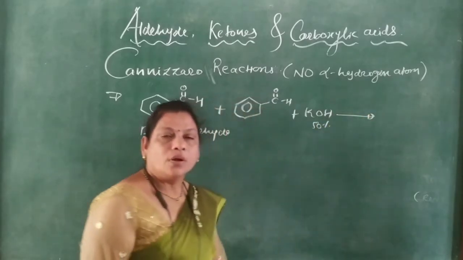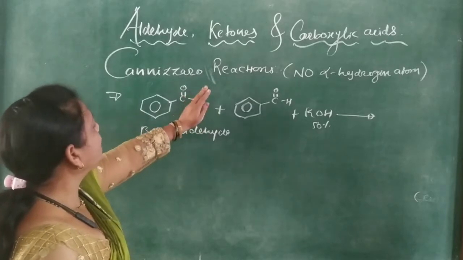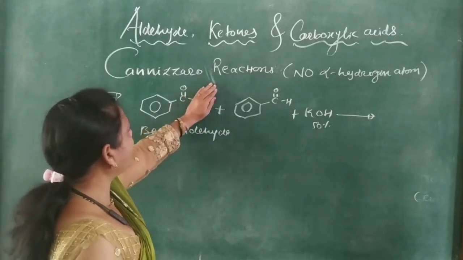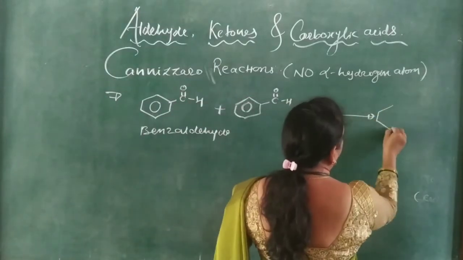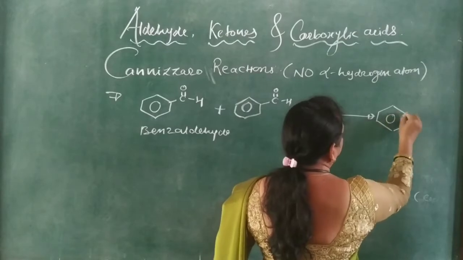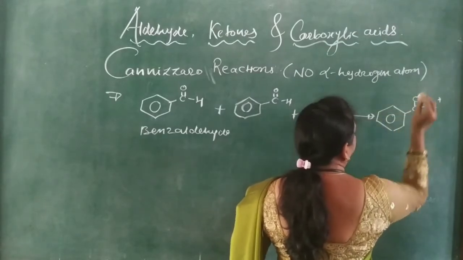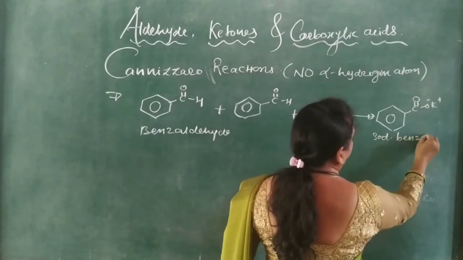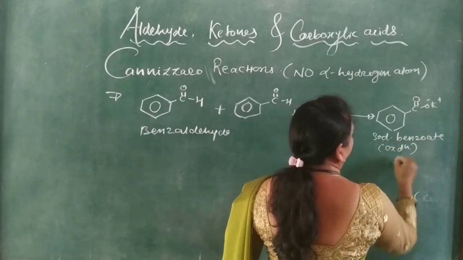Then in this benzaldehyde molecule, this H gets removed, and in the place of H, OK combines here to form potassium benzoate, C double bond O, OK. This is the oxidized product.